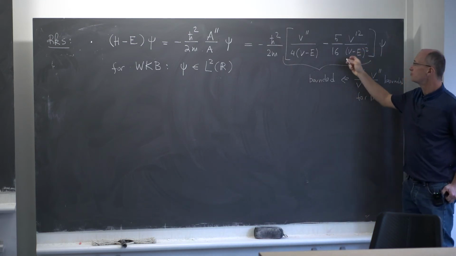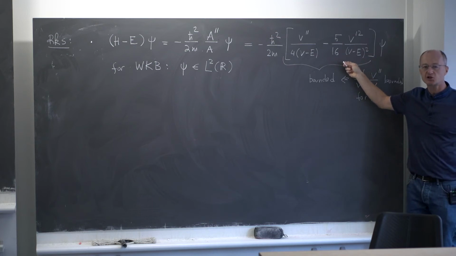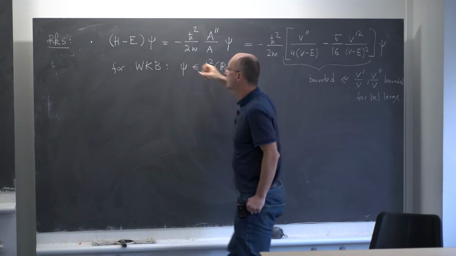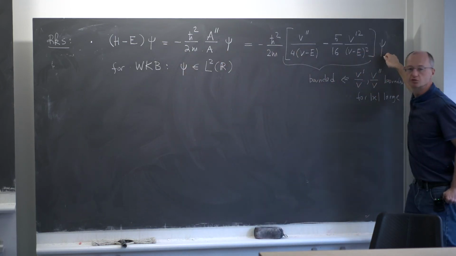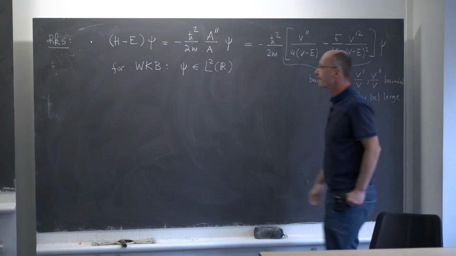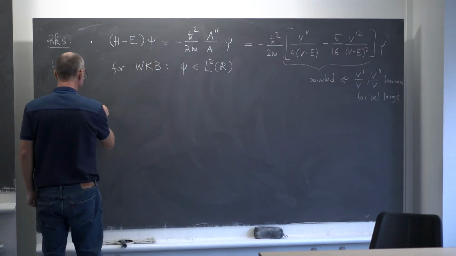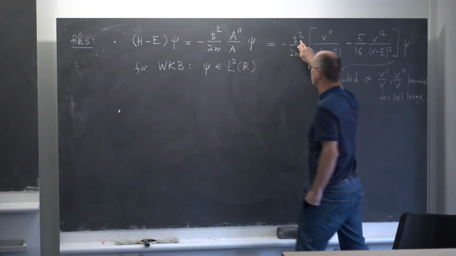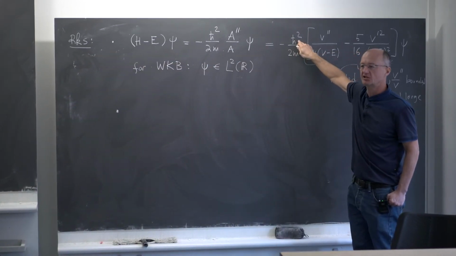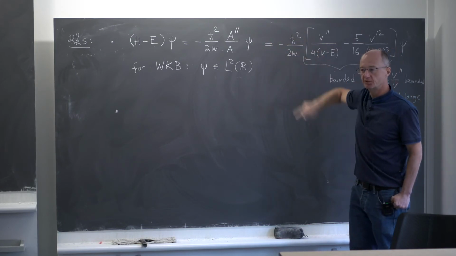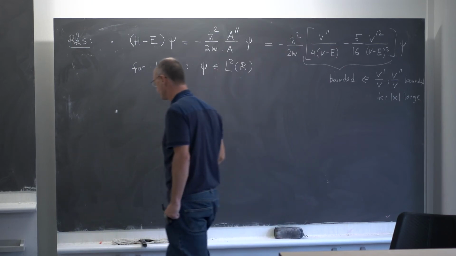And this means that, at least for x large, (H minus E) times psi is in L2. So here it is good. That's the first remark. And it is proportional to h squared, which is nice. So when we eventually estimate the norm, it will be proportional to h squared.